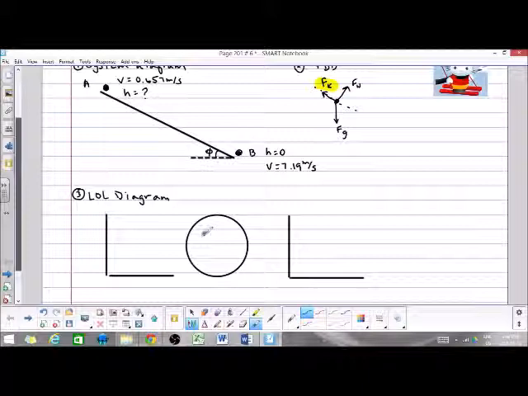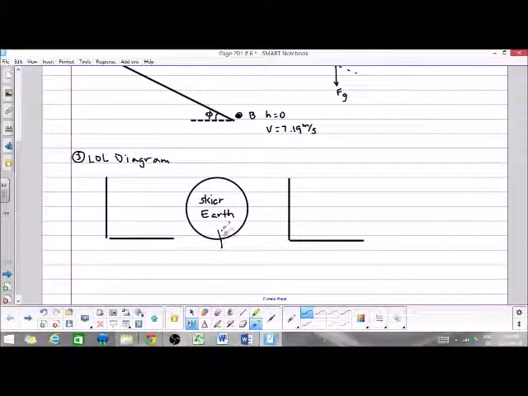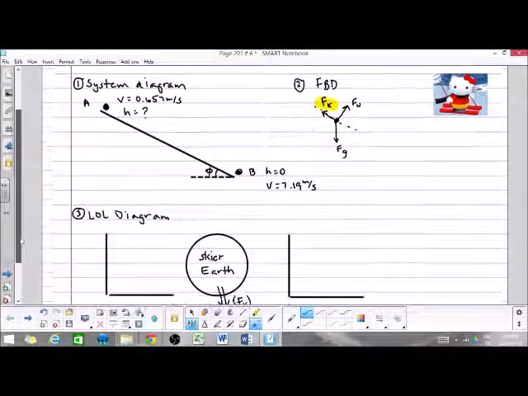So identify our system. We've got the skier and the Earth. Now, because of the friction, you have to consider that there is energy loss from this system, energy given off as heat or thermal energy, which we can identify here as Q, or you could use E with a subscript TH like your textbook does, and that is on account of the kinetic friction from our free body diagram.